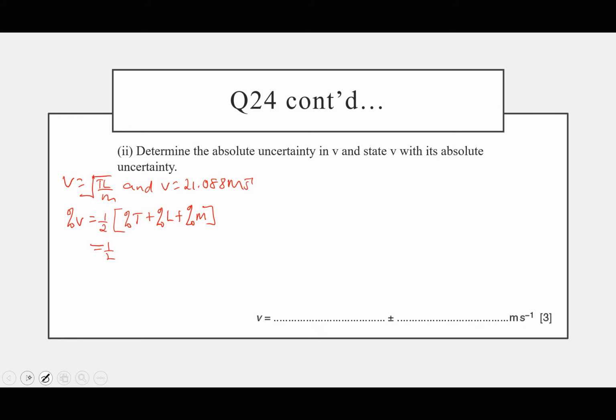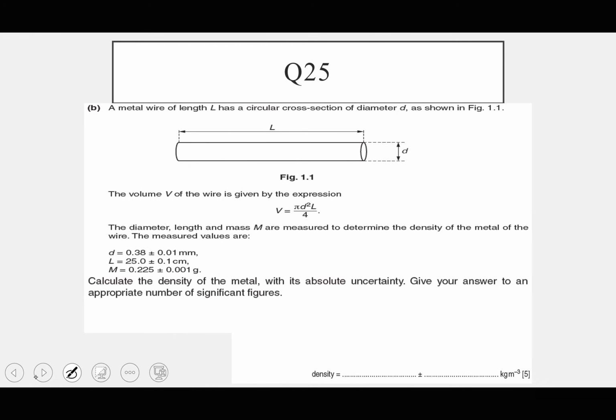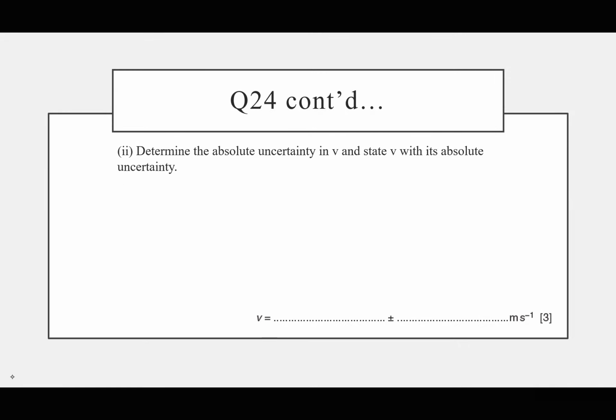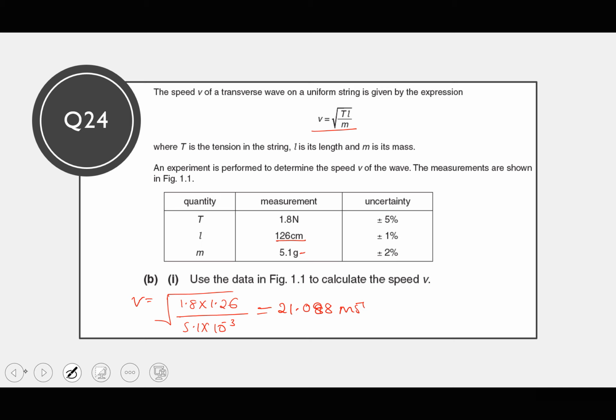I have to go back to the previous page where I can find the uncertainties.